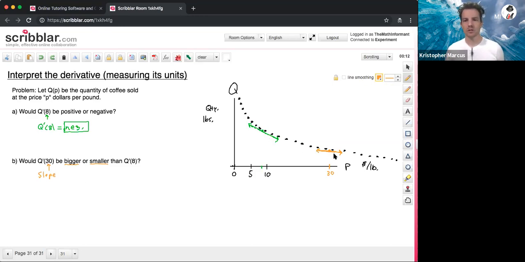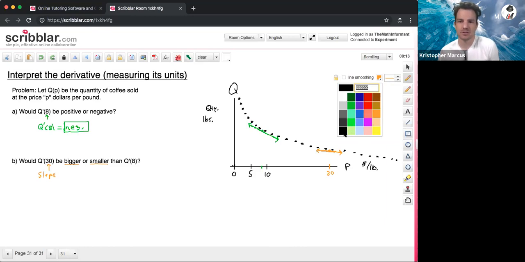The slope of the orange line is also negative, but it's starting to flatten out, getting really close to a flat line, which has slope 0. So even though the orange line is still negative, it's less negative and closer to 0 than the slope of the green line. Because of that, we can say that Q prime of 30 is bigger.